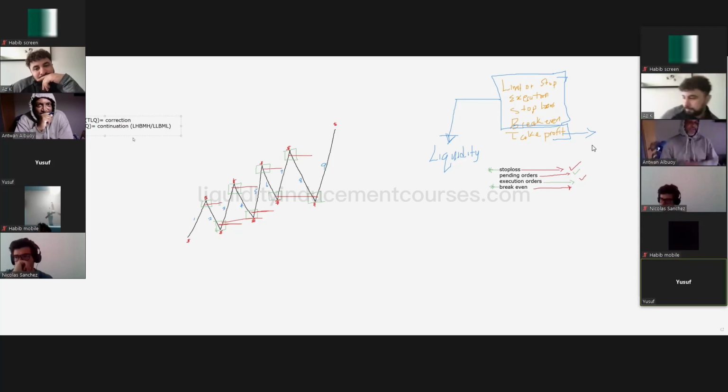Then we have the inducement liquidity, and this is the liquidity for expansion. And that's the liquidity that often gives you MSU.